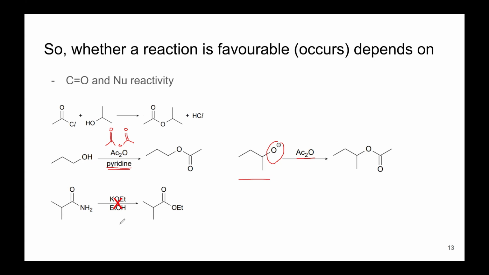So you really need to take a look at the reaction conditions, whether another weak base or nucleophilic catalyst is readily available to help your reaction. You also need to look at how electrophilic and how nucleophilic your reactants are, as well as how stable your products are, before you can decide whether a reaction is favorable.